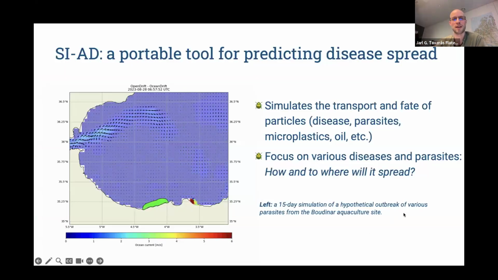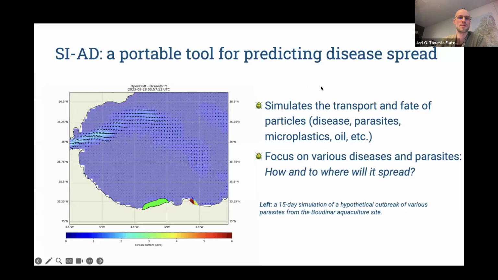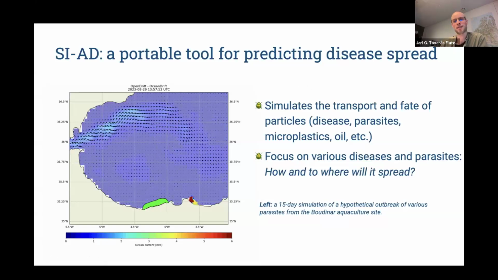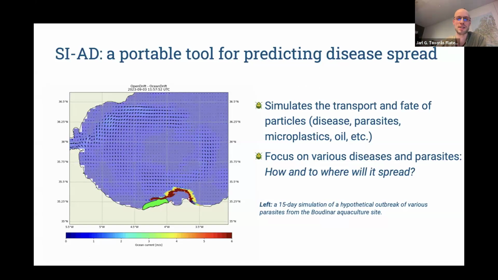So for this, to address the second point here, which is one step in the big scheme of things, we proposed this tool, SIAD, which is a drift model that works generically based on available ocean models, and you can tune the particles according to the behavior of a parasite or a disease.